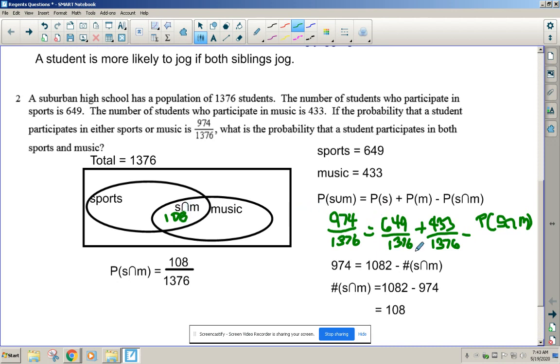And then you would have to take your number of sports, your 649, and subtract 108, and you would have 541 are just in sports. And then you would have to take your music, your 433, and subtract your 108, and have 325 just in music.